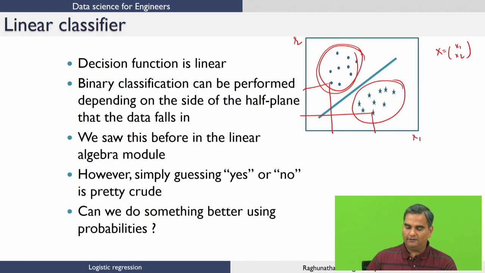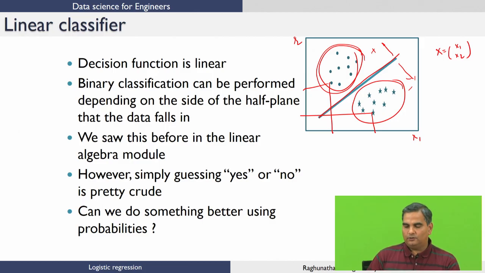Now, if we were able to come up with a hyperplane such as the one that is shown here, we learned from our linear algebra module that to one side of this hyperplane is a half space, this side is a half space, and depending on the way the normal is defined, you would have a positive value and a negative value to each side of the hyperplane. So, this is something that we had dealt with in detail in one of the linear algebra classes.